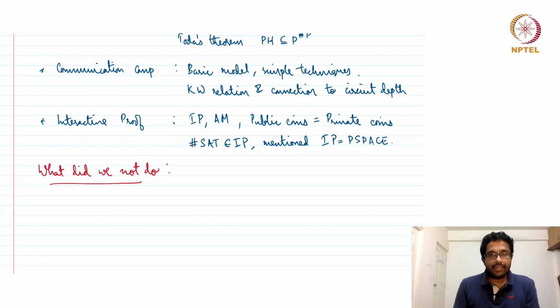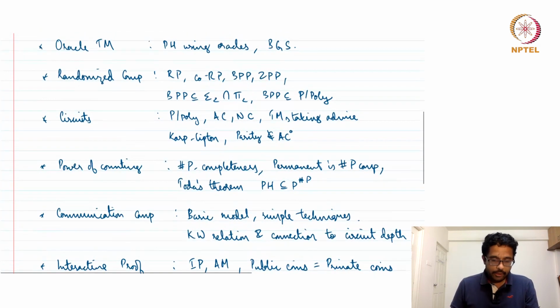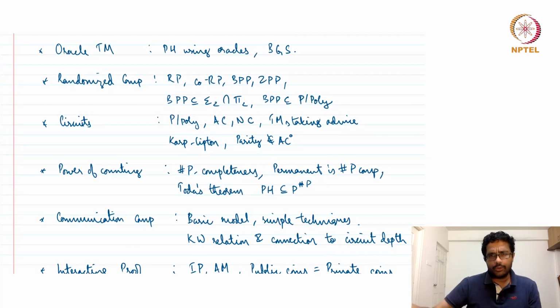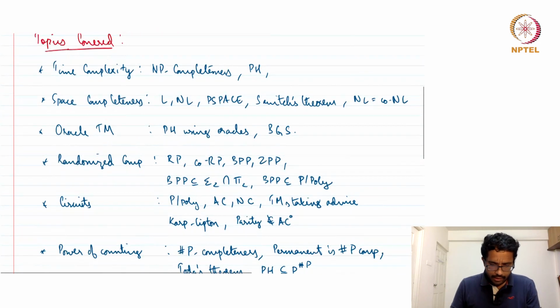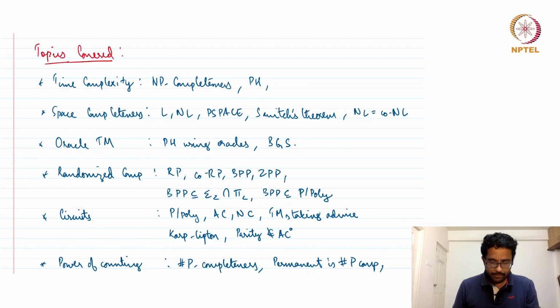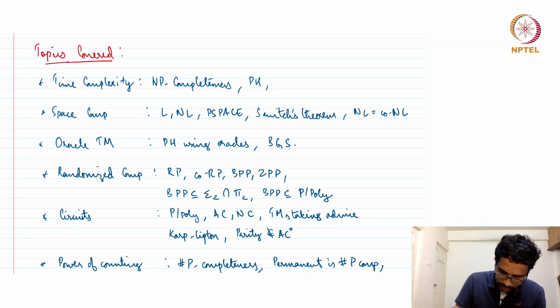But yet the area is very vast and very interesting, and if you look up any computational complexity course offered in any university, be it in India or abroad, you will see that almost everyone covers time complexity, space complexity, randomized complexity classes, circuits.